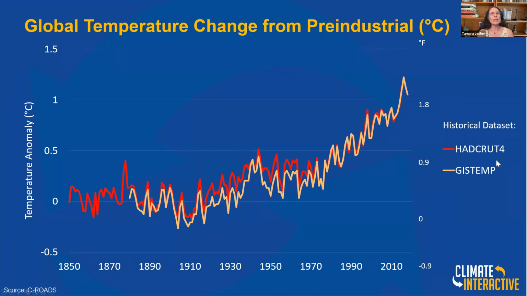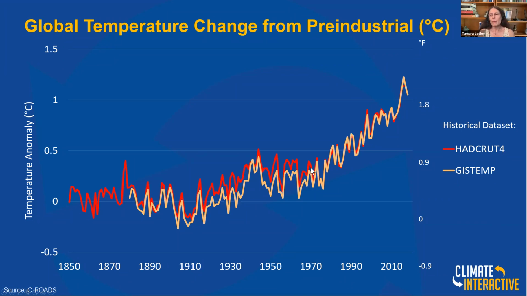There are two records here. This one, the red, is from the Hadley Center for Meteorology in the UK. And the orange line is the Goddard Institute for Space Studies here in the United States. And you can see that the records are made up of different observations, and so there's some variability, but they are very similar all the way through up until about 1970.